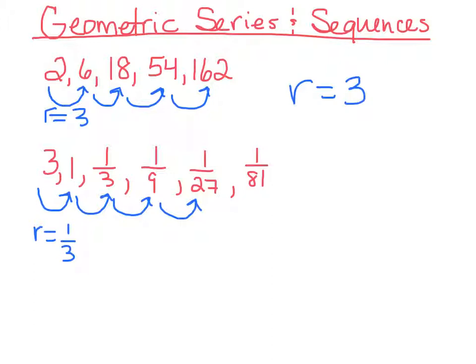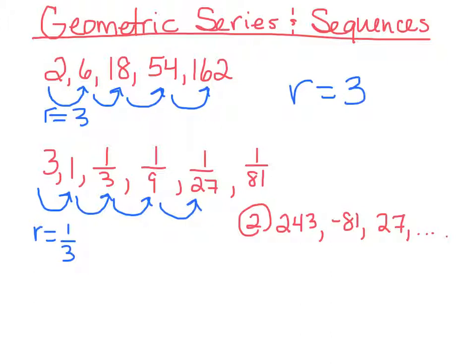Now, if you go to your packet and look at question number 2, that one is a little bit different. We have 243, then the next term is negative 81, and then the next term is 27, and it's asking you to give the next 3 terms.